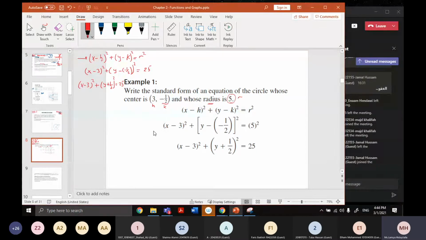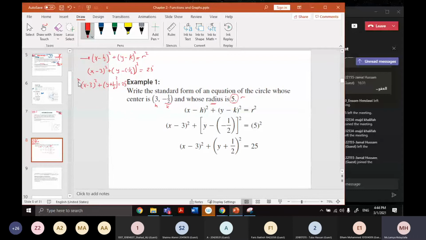I would like to expand it now to show you something. We need it later, but let's do it from now. If we expand the brackets, it becomes x square minus 6x plus 9. Plus, now I'll do this one here, I want to expand this bracket.